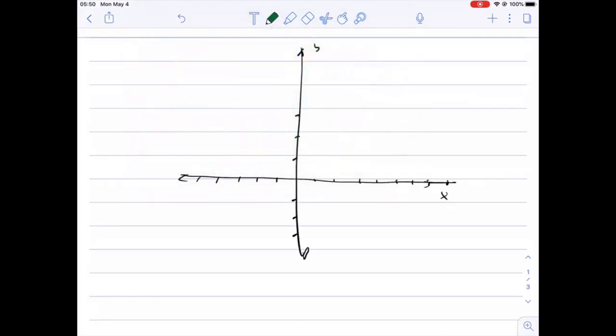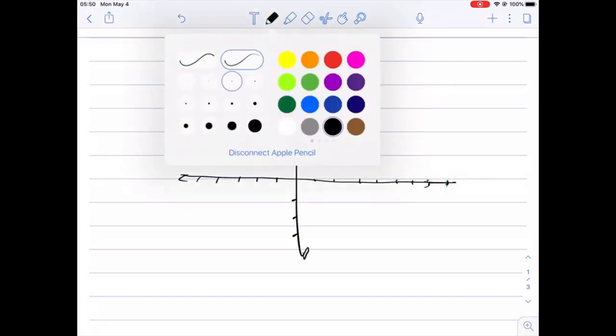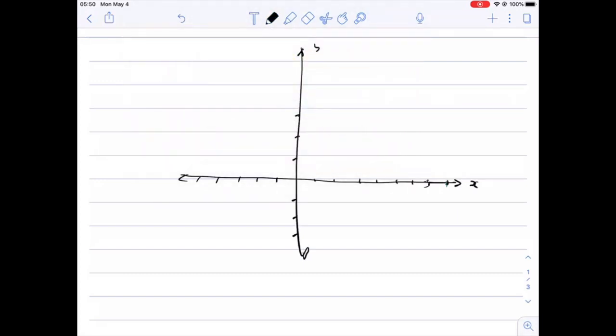So let's plot these points. We have (8, -1), this point here. And then (3, 0): 3 on x and 0 on y. We have (0, 1), 0 on x, 1 on y.